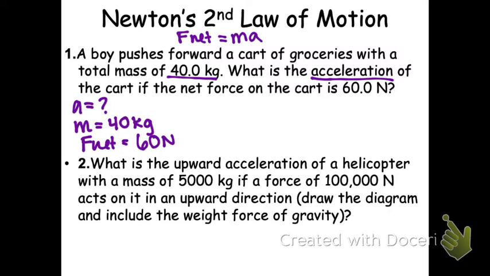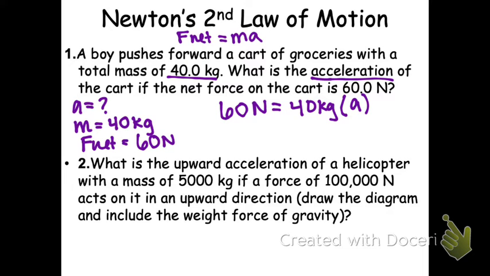I'm going to go ahead and just plug that into my equation, right? 60 newtons equals mass times A. A is what I'm solving for, right? So how do I get A by itself? Divide 60 and 40. I'm just going to divide that over, right? Because it's mass times acceleration.